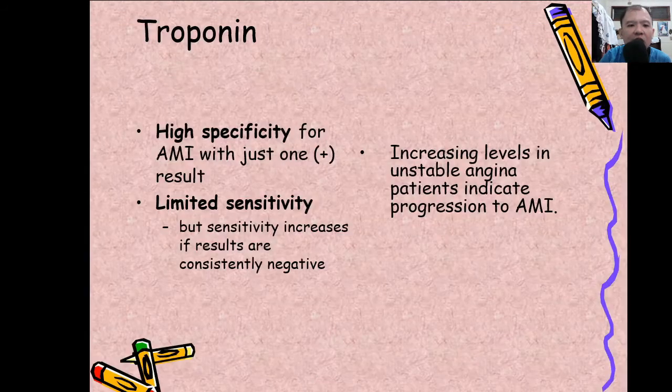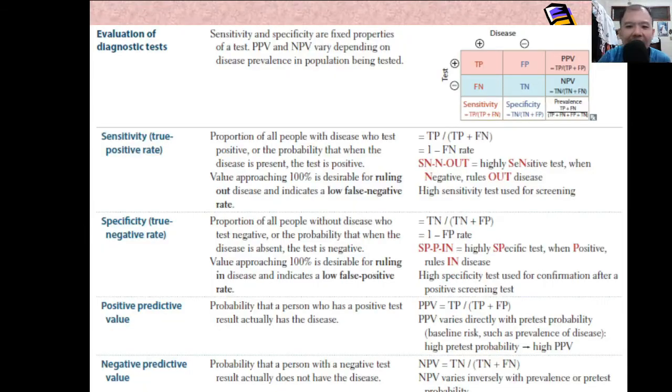So let's go back again. When highly specific, that means when troponin is positive, it tells us that there is acute myocardial infarction. When troponin is negative, that does not tell us that there's absence of myocardial infarction. But when you have repeated tests and the test is consistently negative, then that means there is no myocardial infarction. So that's how to explain this slide.